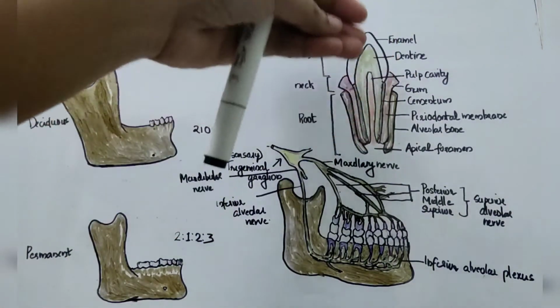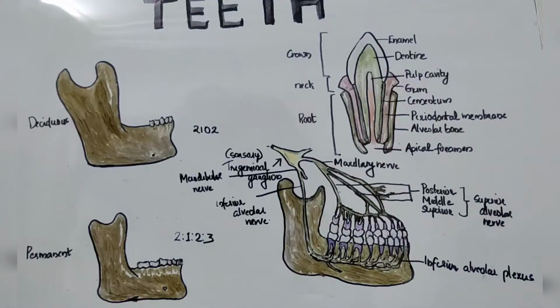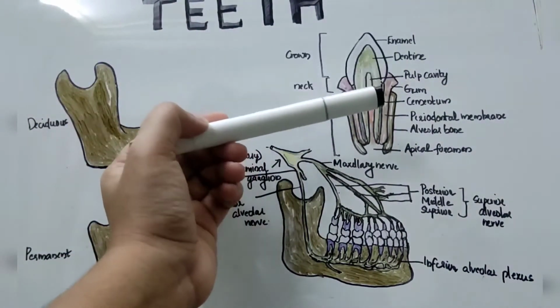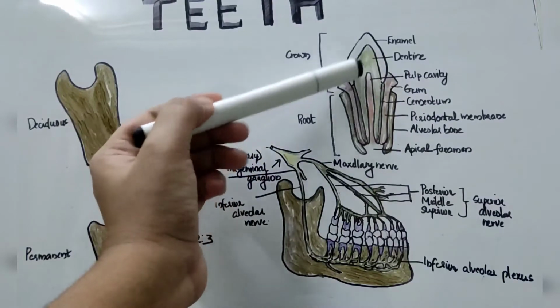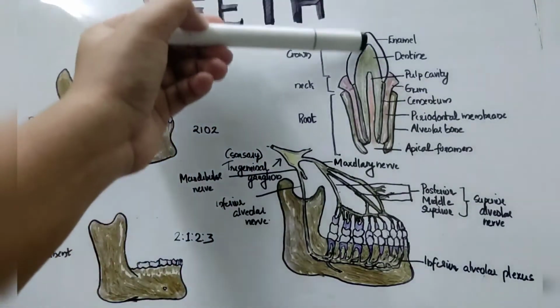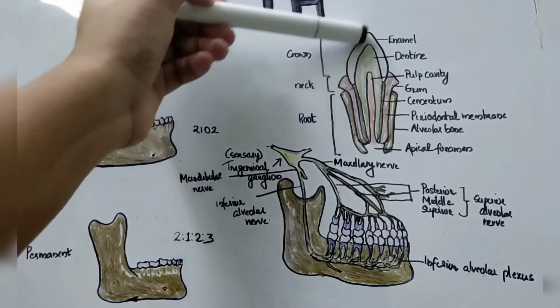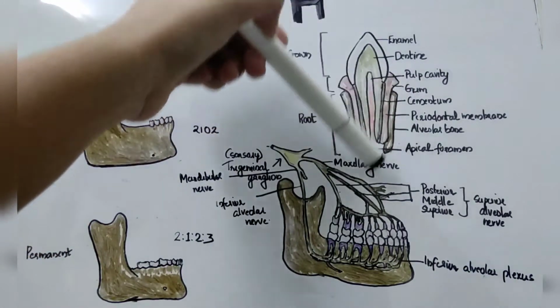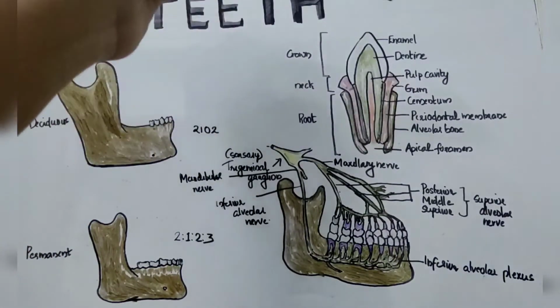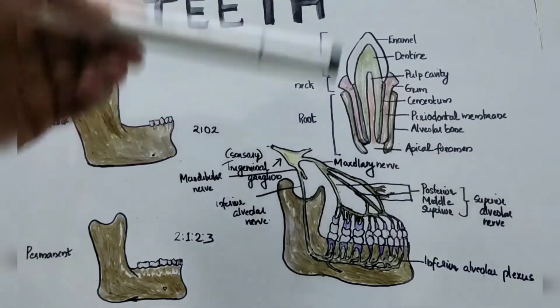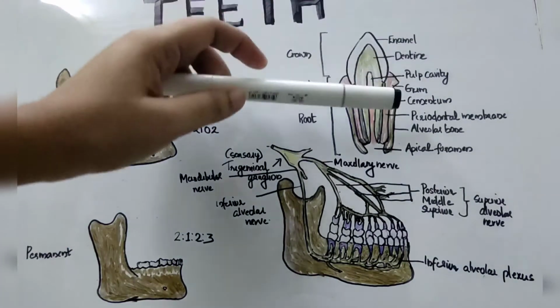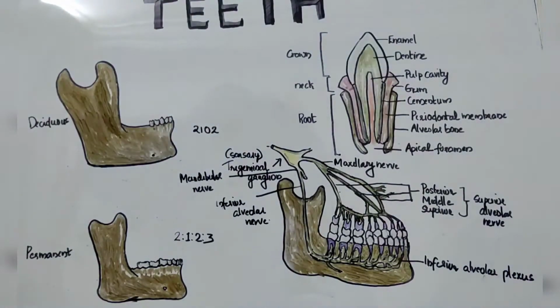So these are the parts of a single tooth.